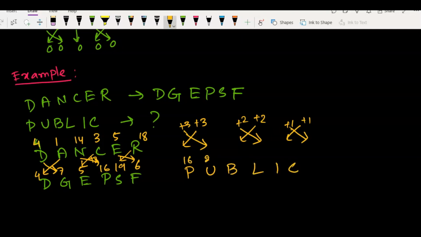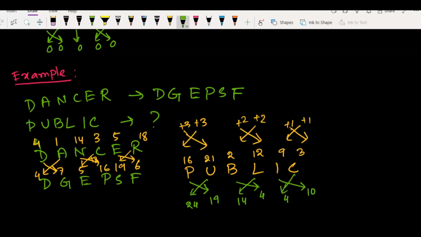P is 16, U is 21, B is 2, L is 12, I is 9, and C is 3. So 16 will go plus 3, means 19. U will go plus 3, that means 24. Then 2 will go plus 2, that is 4, and L will go plus 2, that is 14. 9 goes to 10, and 3 becomes 4.